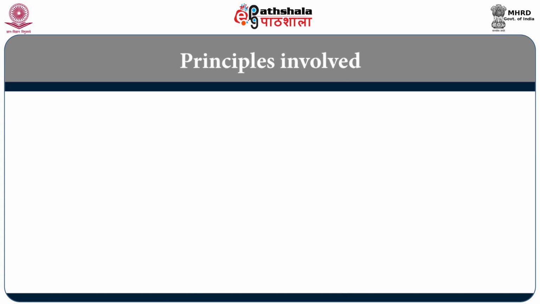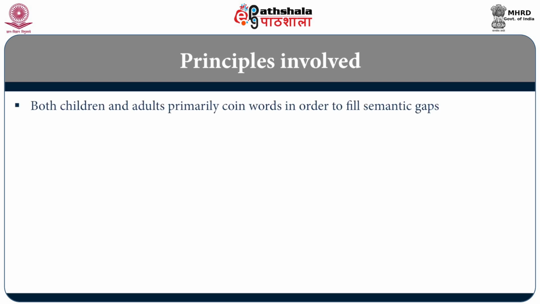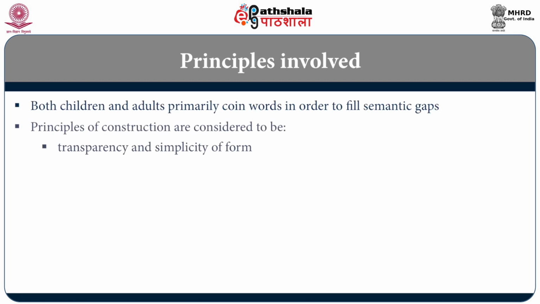There are many principles involved in coining words. Both adults and children coin words primarily to fill semantic gaps. Some of the principles that we will be discussing are transparency and simplicity of form. Next, productivity.